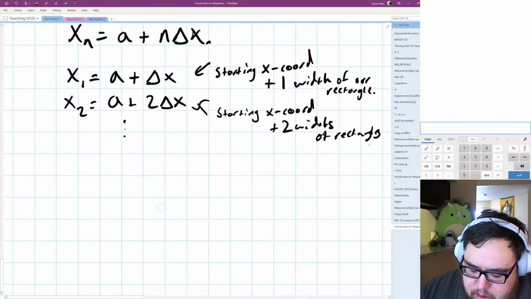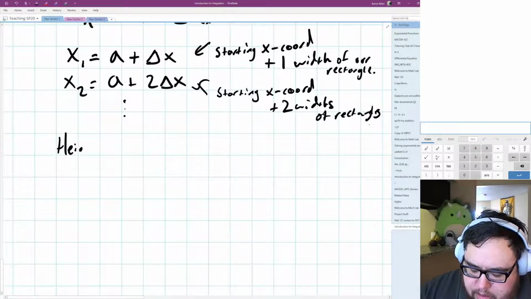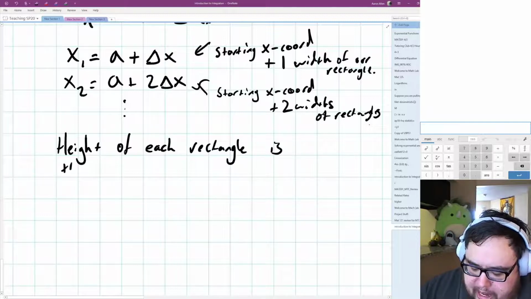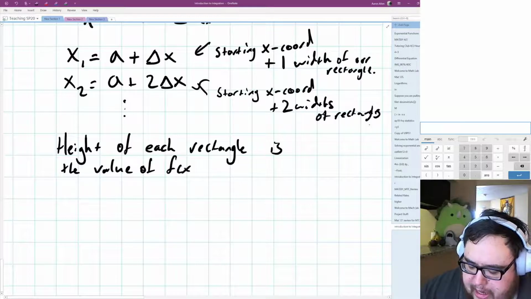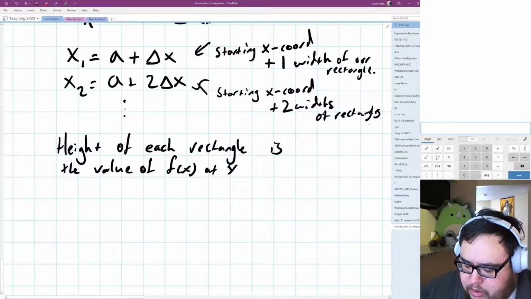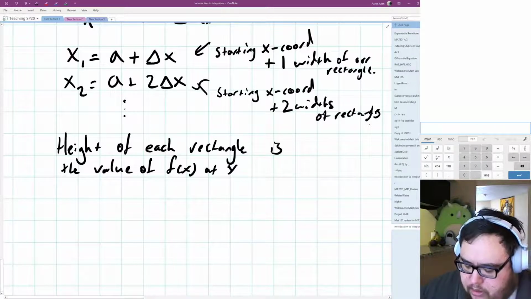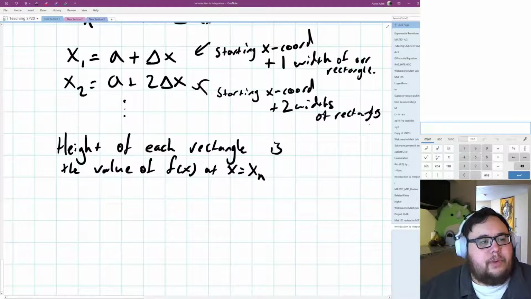So the height of each rectangle is the value of f of x at x equals x sub n, right?